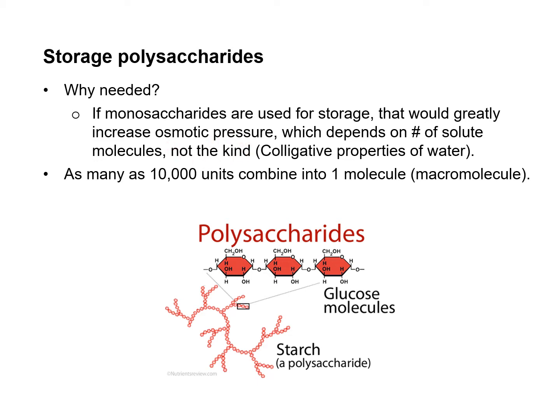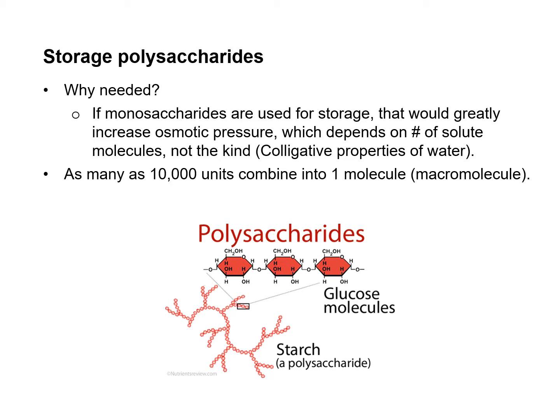So regardless of the size or type of the molecules, as long as you keep the same number of molecules, you will have the same osmotic pressure. And that can be explained by the colligative property of water that we talked about early in this course.